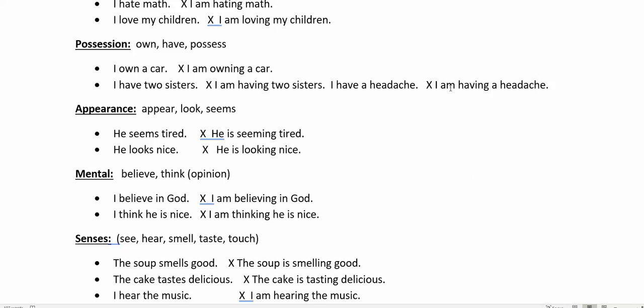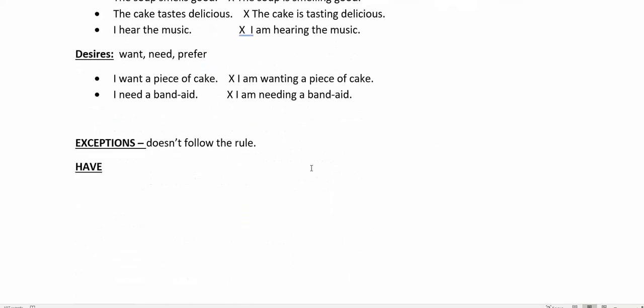All right, but when can we use have in the progressive? We can use it with these expressions. We are having a good time.